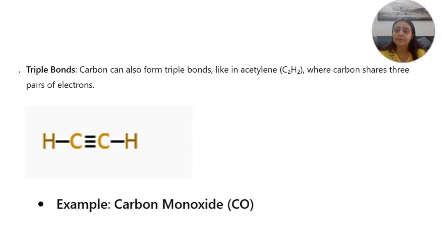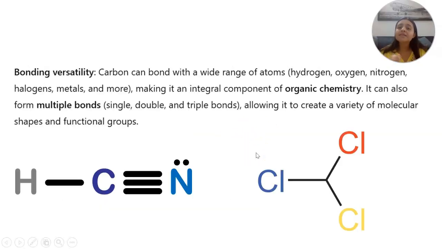So this property in which carbon is forming different covalent bonds says that carbon as an element is so versatile in forming bonding, right? It can form bonds with a wide range of atoms. It can be hydrogen, oxygen, halogens, metals, non-metals, and makes the integral components of organic chemistry.